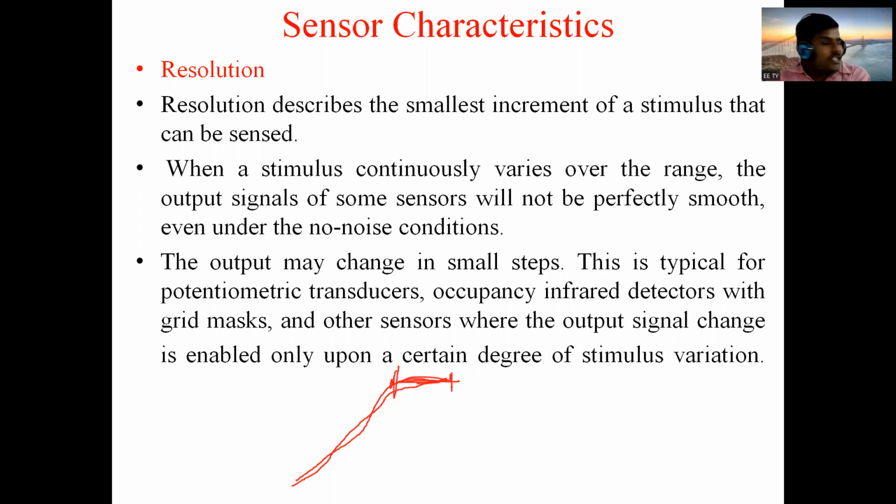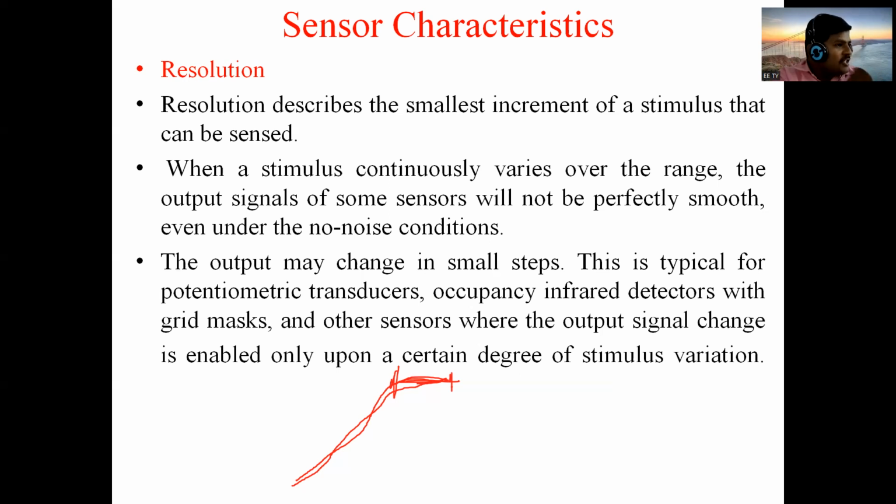See, if the stimulus is continuously varying over that range, the output signal of some sensors will not be perfectly smooth even under no-noise conditions. Some sensors sense the continuously varying input, but they cannot produce a perfectly smooth output, even without noise disturbance.